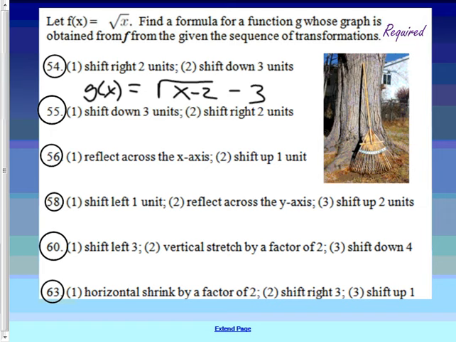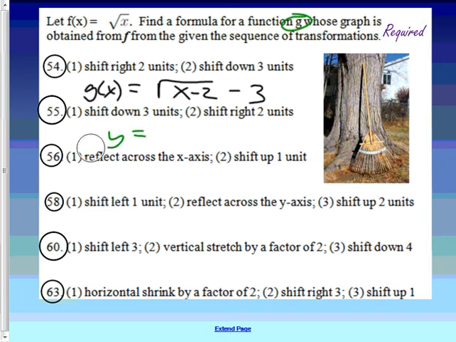Then, in this little section, I've given you an answer for the top one, just so you know what we're talking about. Notice it says it wants it to be called g. The function g. You're making a new function g. So that's why I called it g of x. I just would hate to have you do this whole section and think y equals y equals the whole way.